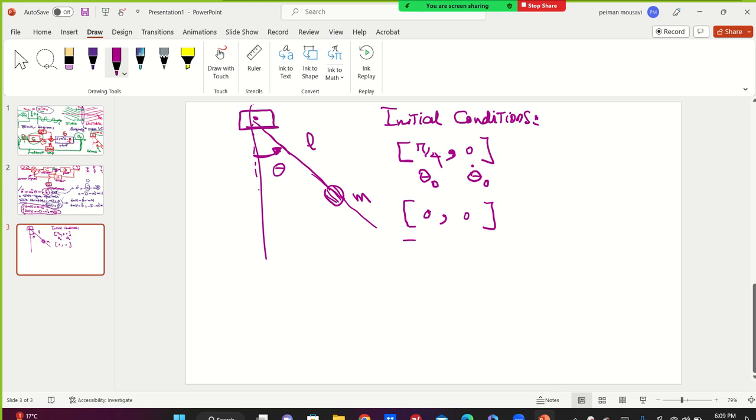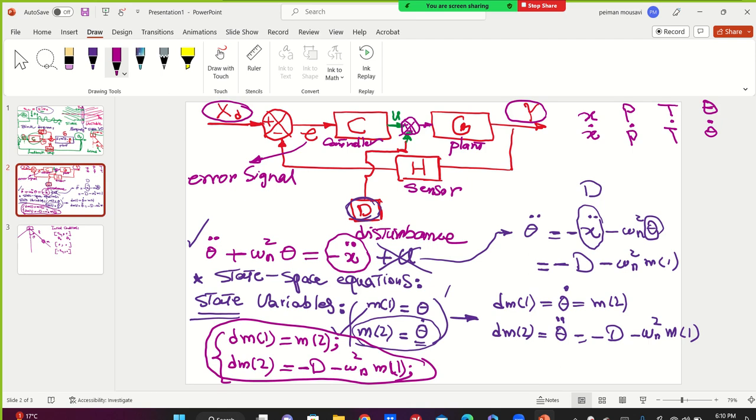Another one says no, I want to have it at this position, say minus pi over 4 and 0. See what I'm saying? Initial conditions for solving a differential equation, even in your undergraduate level course, is very important. So is in MATLAB. Clear, guys? Yes? So, now, as we defined here, please go here, yeah.